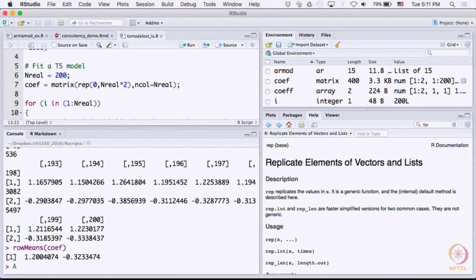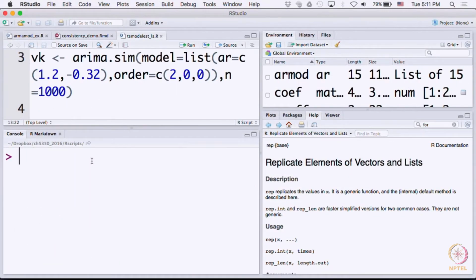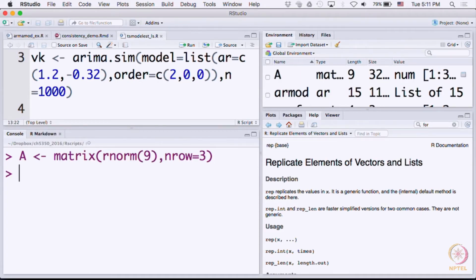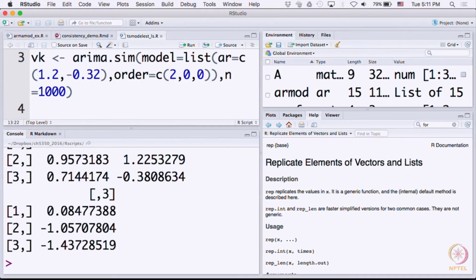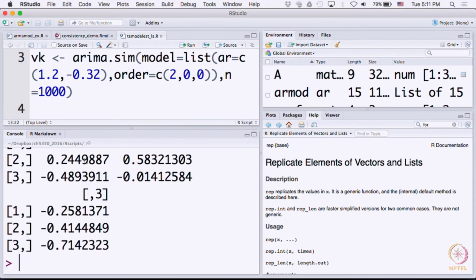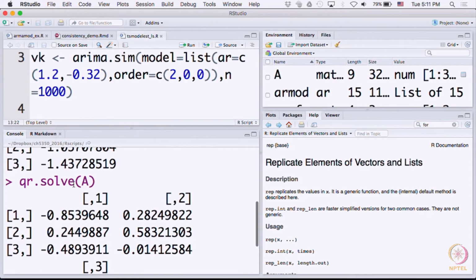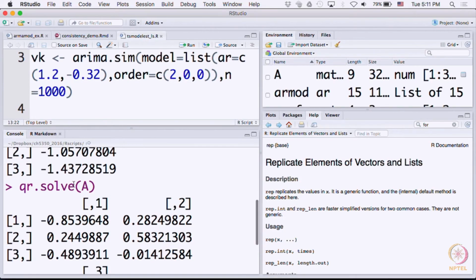For example, let us generate a random 3 by 3 matrix here, and to check it is 3 by 3, type out A, and then you just use qr.solve(A). So, qr.solve(A) should give you the inverse of A.